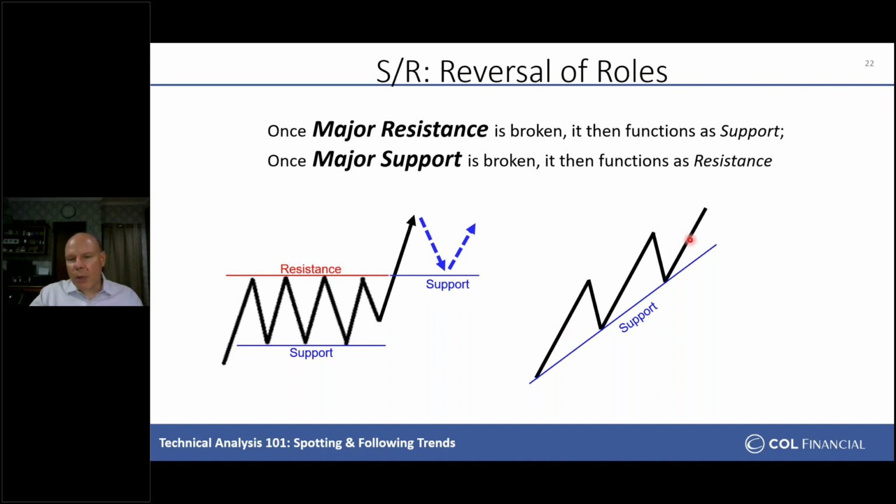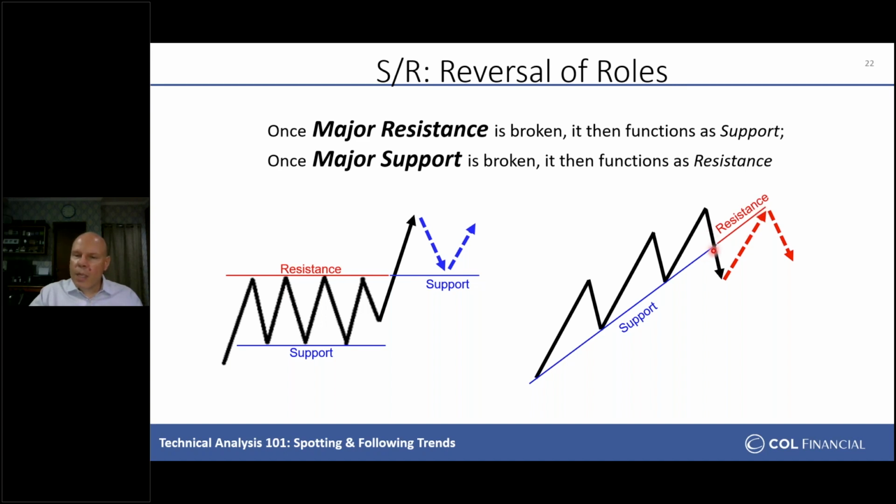Now, in an uptrending situation that would break, such as this, if this is your rising support line and prices rupture below it, your former support line will, after this break, act as resistance when a rally is shown.